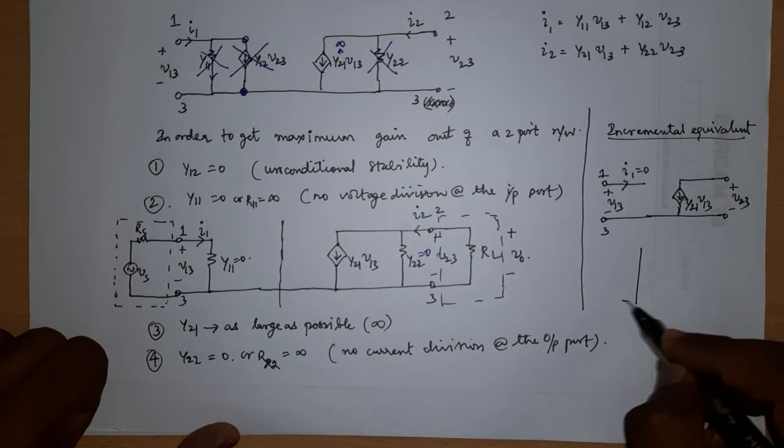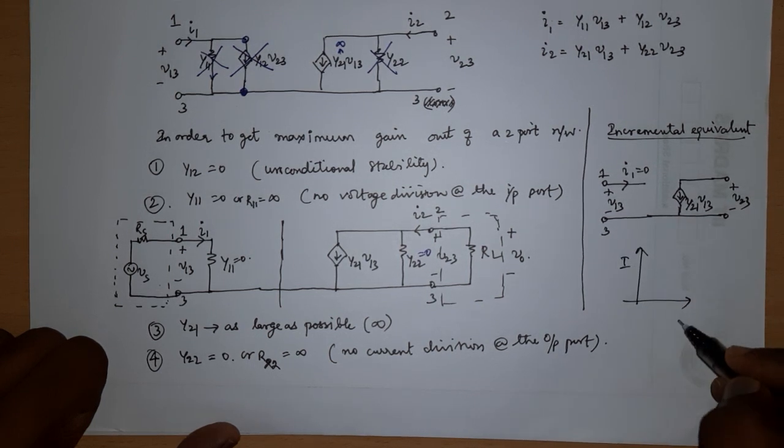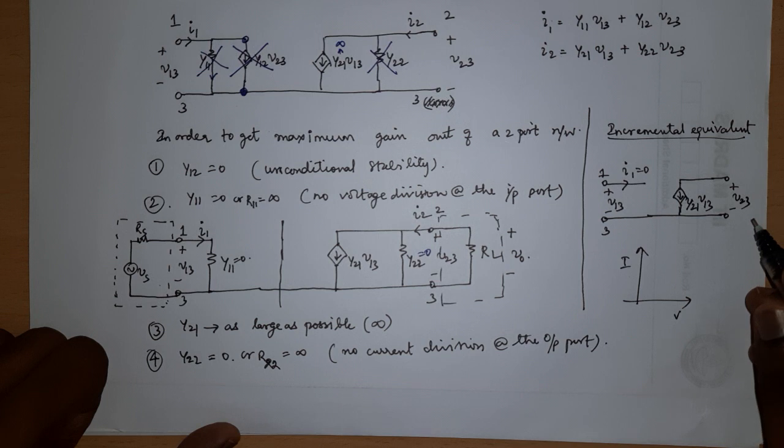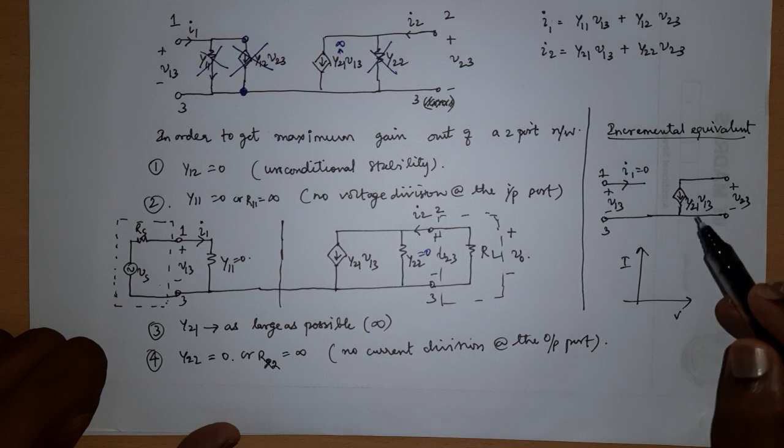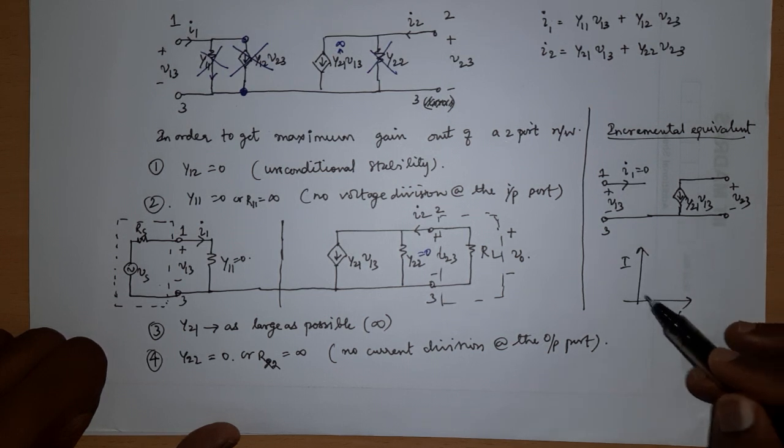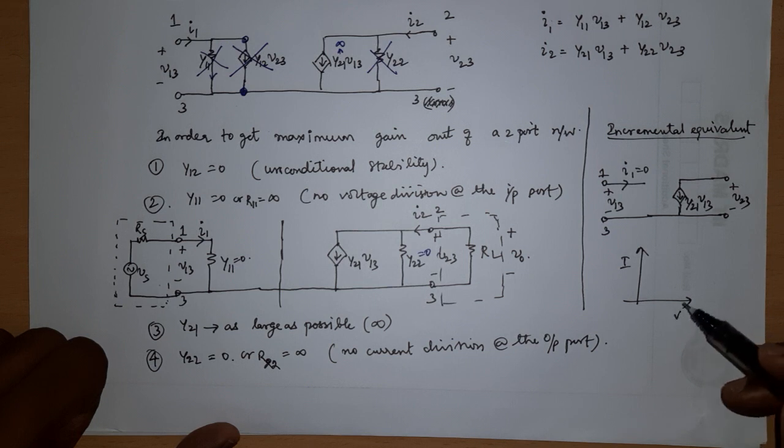They will essentially plot the current versus voltage of a two port network or a two port device. So if a device's two port incremental equivalent should look like this, which is what I am claiming for it to be an amplifier, then how should its IV characteristics or DC IV characteristics look?